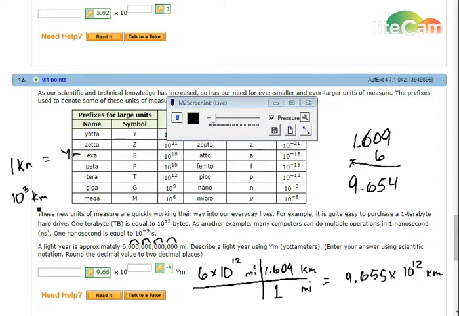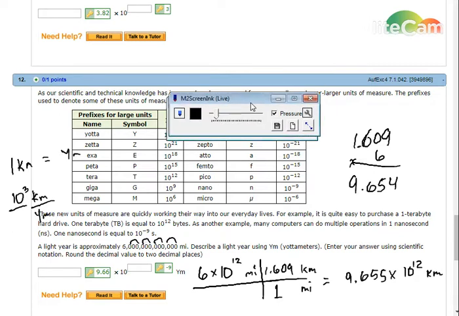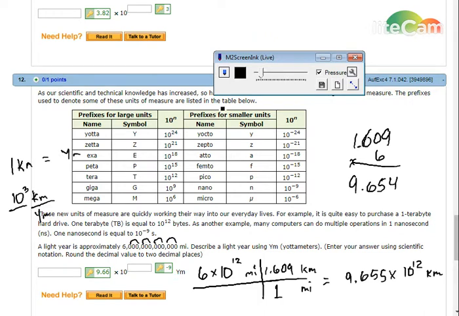The yottameter is 10 to the 24th. If I do the division of the exponents, I get 3 minus 24, which is 10 to the negative 21. So 1 kilometer is equal to 10 to the minus 21 yottameters.